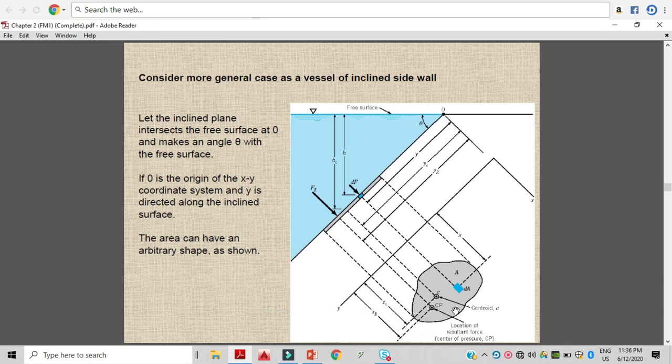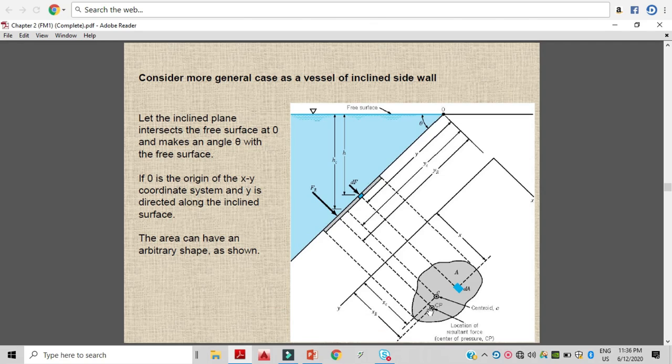And the position of the net resultant force, since the pressure is non-uniform, is always below the centroid.